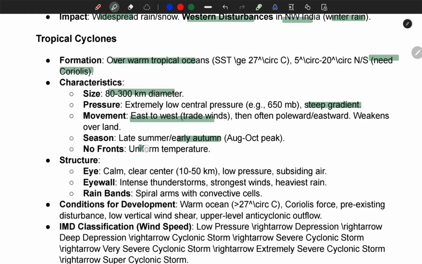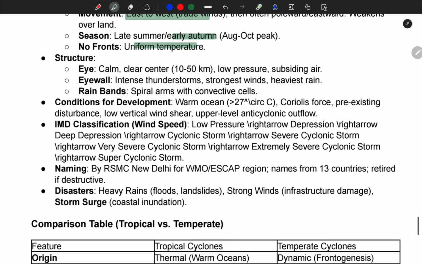No fronts, uniform temperature. Structure: eye, calm, clear center, 10 to 50 km, low pressure and subsiding air. Next is eye wall: intense thunderstorms, strongest wind, heaviest rain. Rain bands: spiral arms with convective cells. Conditions for development: warm oceans, Coriolis force, pre-existing disturbances, low vertical wind shear, upper level anticyclonic outflow.